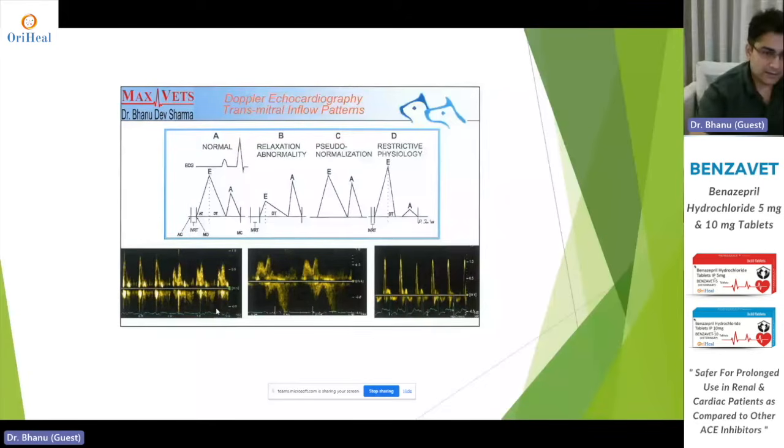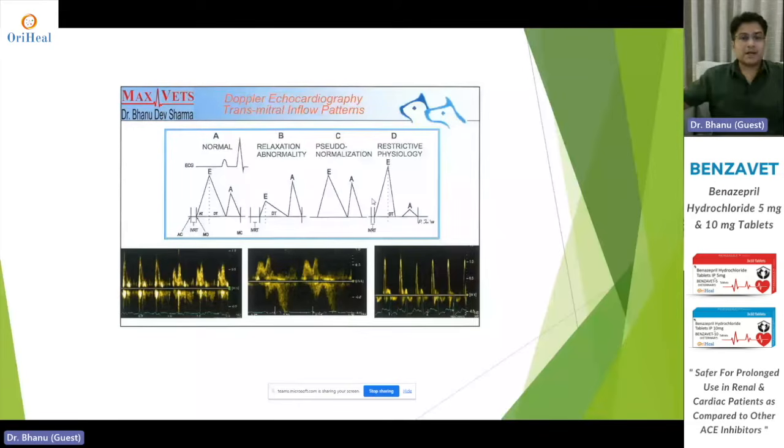There's a normal pattern in which the E and A wave would appear like this. Then in grade 1 diastolic dysfunction, the E wave would become short and the A wave would become tall. Then there is a pseudo normalization, as the left ventricular end diastolic pressure is increasing with the advancement of the diastolic dysfunction and with the advancement of the relaxation abnormalities of the left heart.